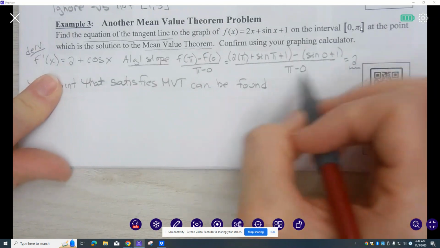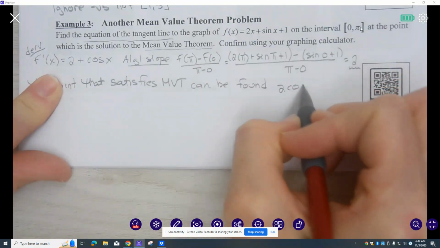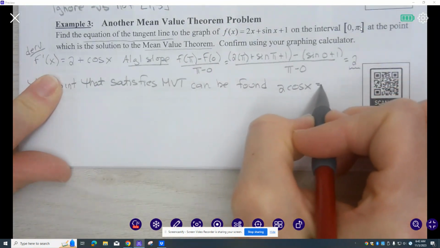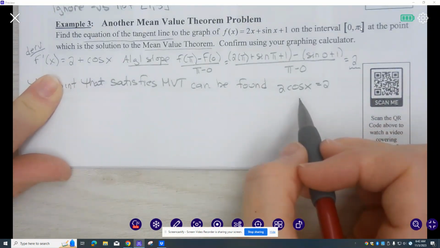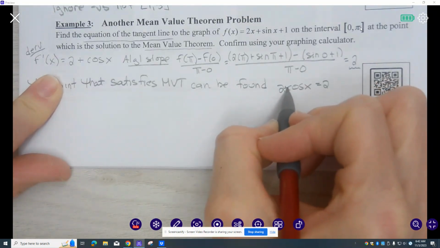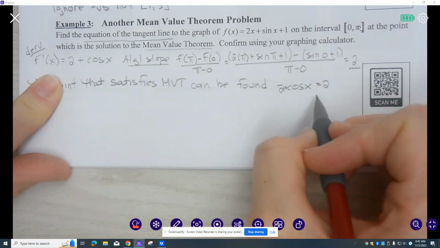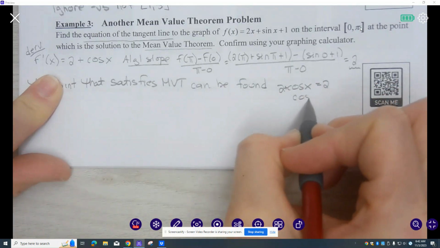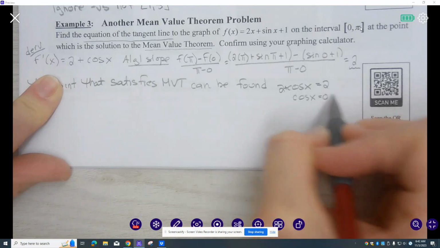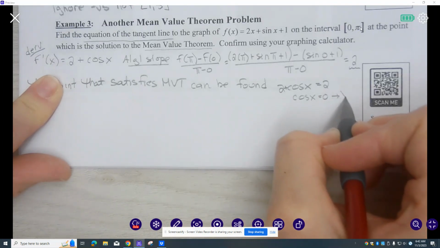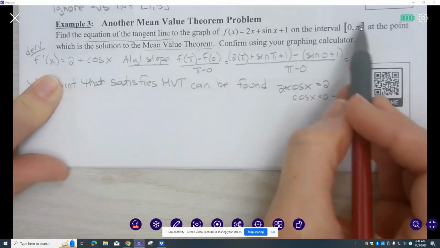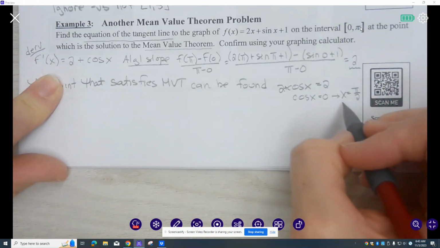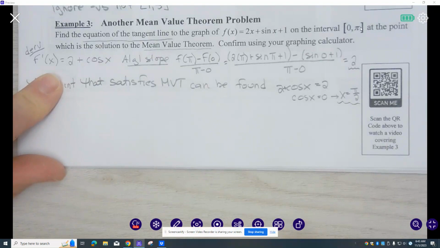So we're going to solve the equation 2 plus cosine of x equals 2. So if I subtract 2 from both sides, what I'm solving is cosine of x equals 0, and that is at x equals pi over 2. Remember, we're just interested in this interval. Okay, so x equals pi over 2.